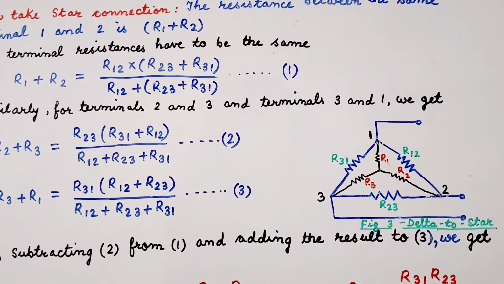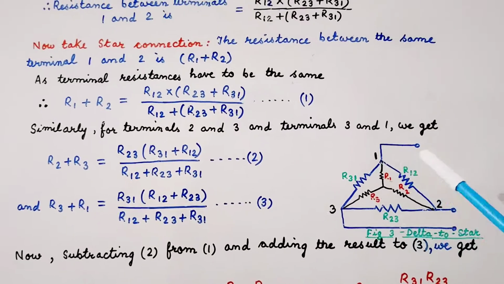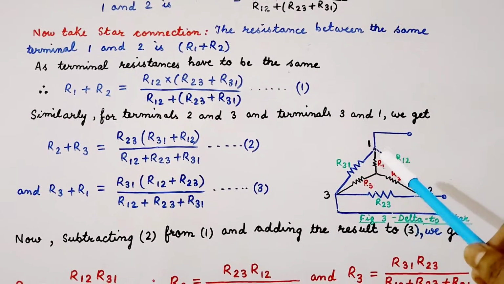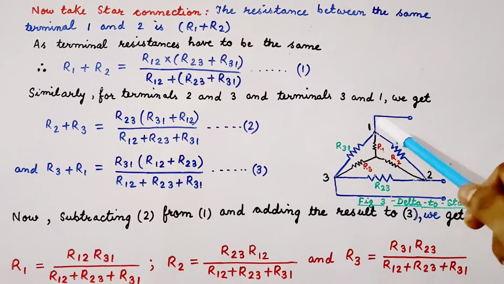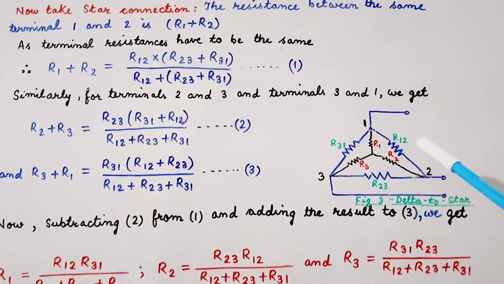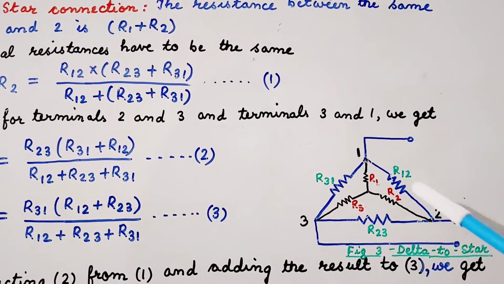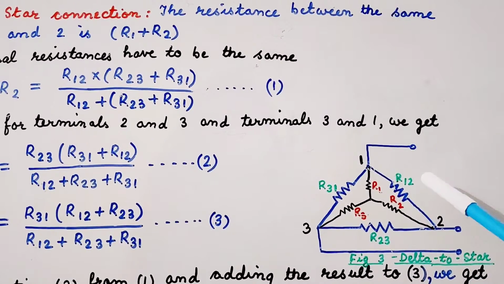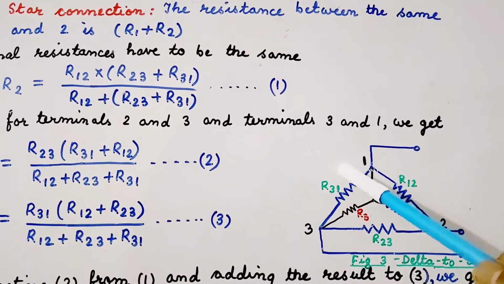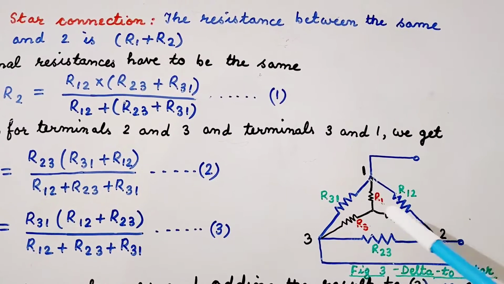So let us try to see this figure. From this figure we find that previously we are given the resistances which are connected in delta. We are given this delta connection, that is, we are given the values of R12, R23 and R31, and we want to convert it to star.